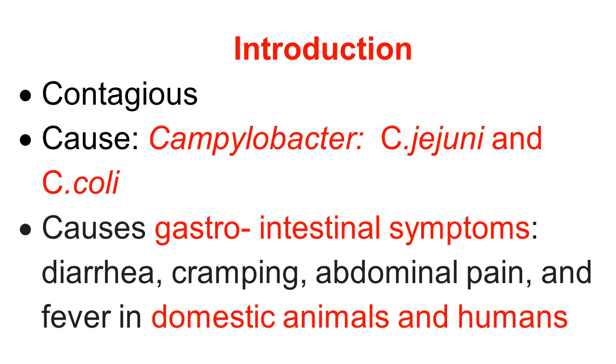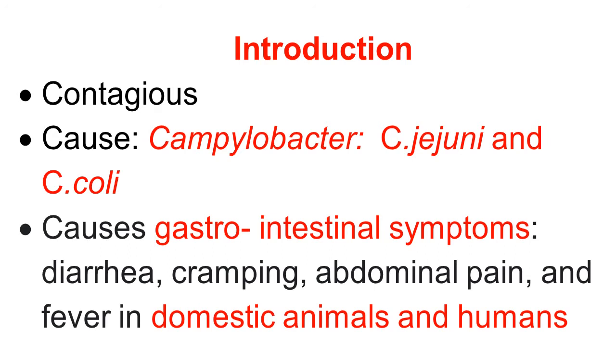Here we will know the introduction, some information about the disease. Campylobacteriosis is a contagious disease caused by Campylobacter species. There are commonly two species, Campylobacter jejuni and Campylobacter coli. There are other species also, but these two, jejuni and coli, are common.